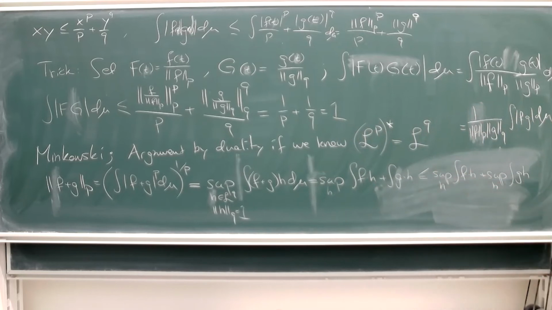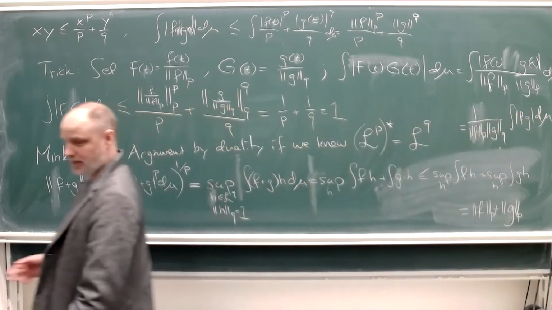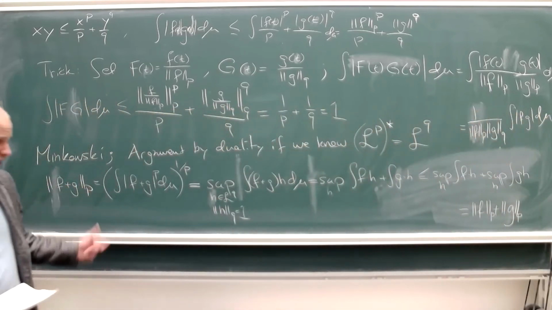It gets bigger. But then this is equal to norm f by the same formula, by this duality, the whole idea of duality. And we get here that. So you see a beautiful way to achieve the triangle inequality.